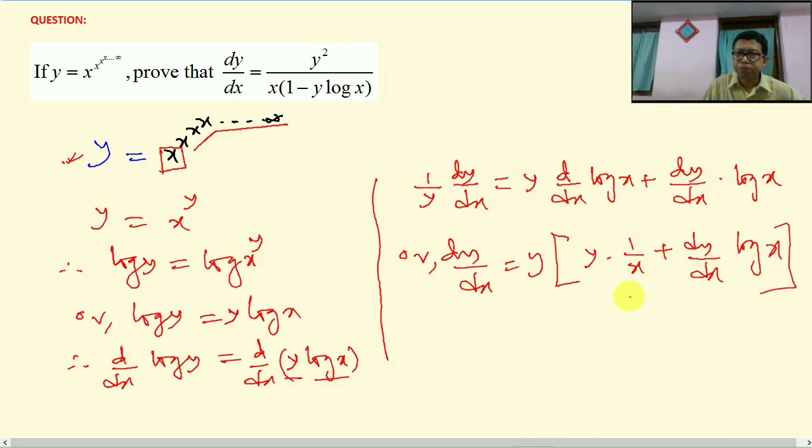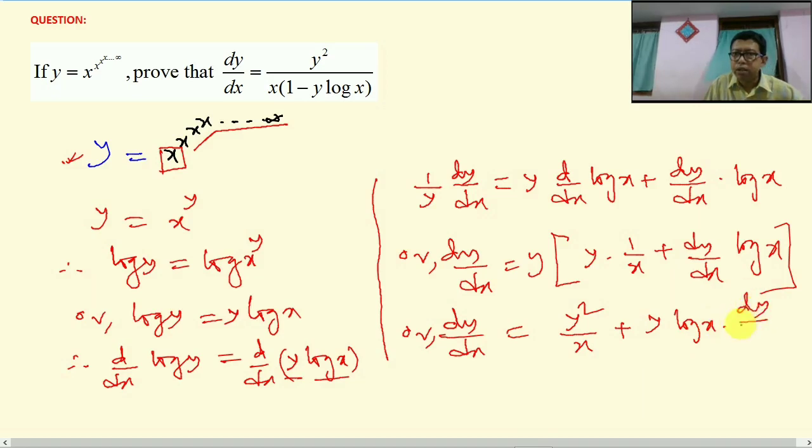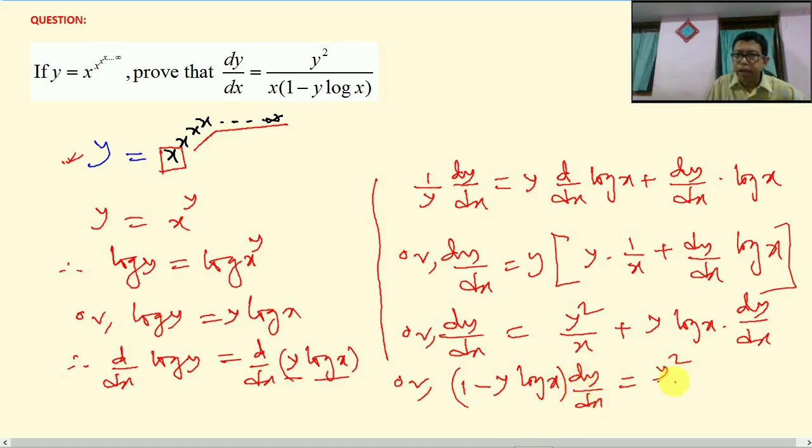So here you can write dy/dx is equal to y squared divided by x, and the remaining part is y into log of x into dy/dx. So dy/dx will be taken common now. So 1 minus y log of x, whole into dy/dx, is equal to y squared divided by x, isn't it?